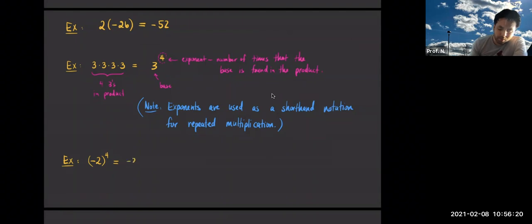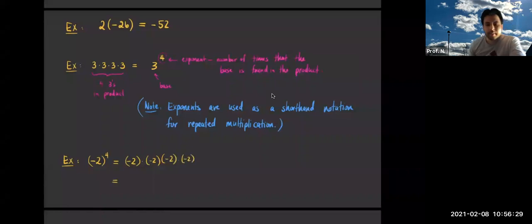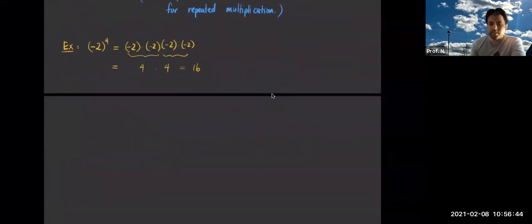Very good. So you can think of -2 times -2 times -2 times -2, right? No matter how you dice it or slice it, -2 times -2 is +4. -2 times -2 is +4. You're still multiplying, so it's 16. So (-2) to the 4th power will result in a +16.